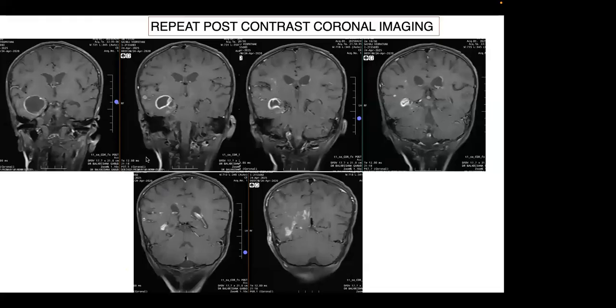Post contrast, you have this peripheral enhancement of the temporal horn, I think likely suggestive of some degree of ventriculitis. Given that there's only a dilatation of the temporal horn, maybe it's slightly trapped because of the infection, and there are punctate areas of enhancement on post contrast in the parenchyma. Yes, and some focal abnormality in the contralateral ventricles, but the predominant changes are in the right temporal horn.